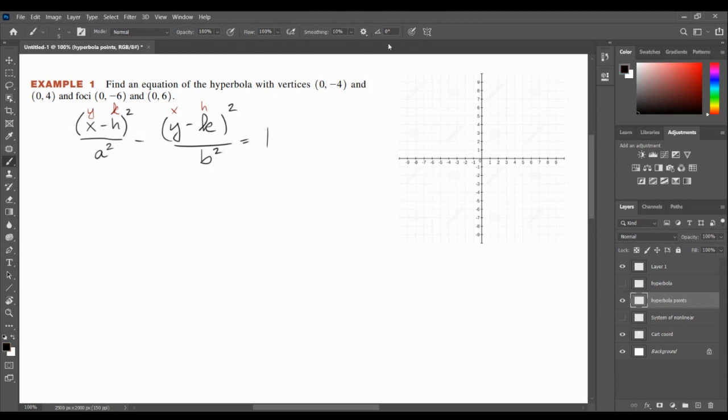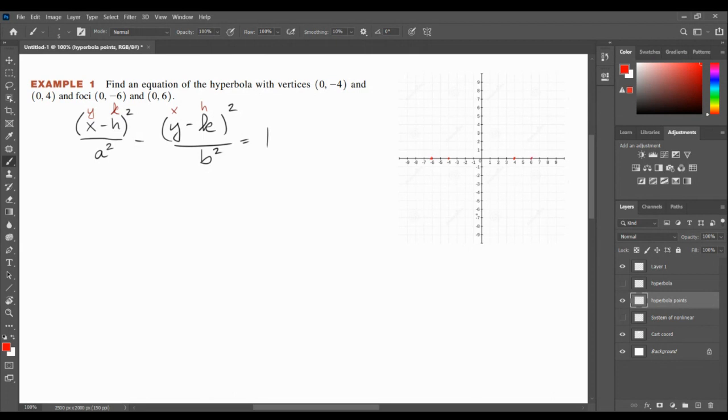But let's go ahead and plot these points so we can figure out whether it is x or y here on the left-hand side. So vertices are 0, negative 4, right there, and 0, 4, right there. Foci are 0, negative 6, and 0, 6.